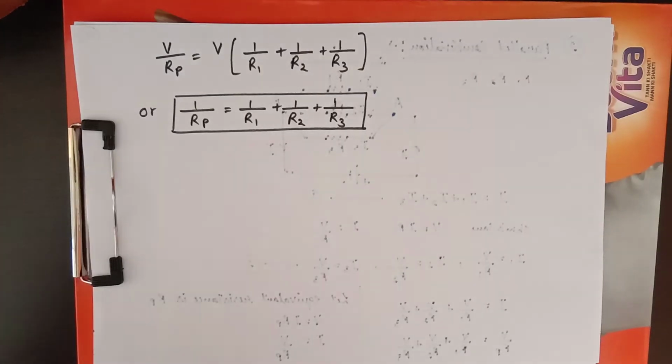So the final conclusion for equivalent resistance in parallel combination comes out to be: 1 upon Rp is equal to 1 upon R1 plus 1 upon R2 plus 1 upon R3, or it is the reciprocal of the equivalent resistance.